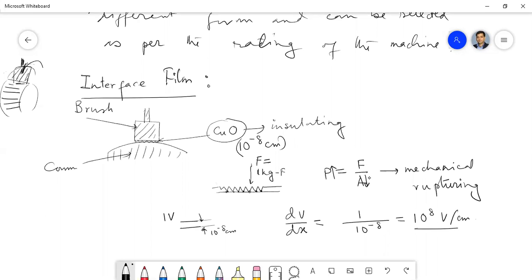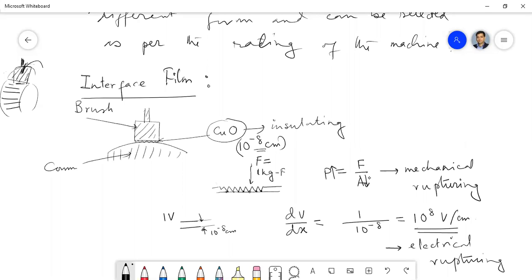So this is a huge voltage stress applied across this insulation layer. Due to this voltage stress, this insulation layer will be electrically ruptured. Electrical rupturing. Okay, so this is a typical value.